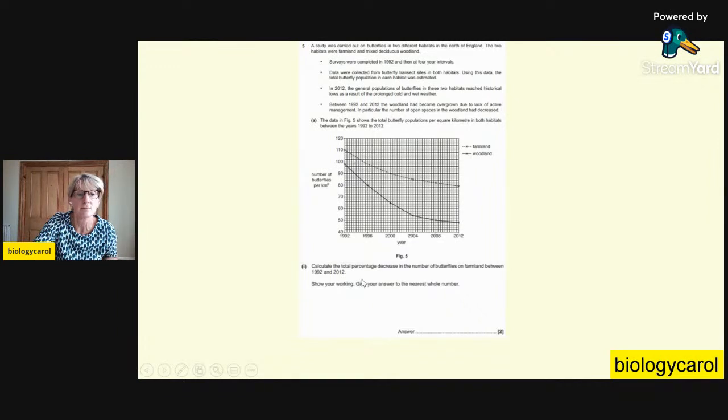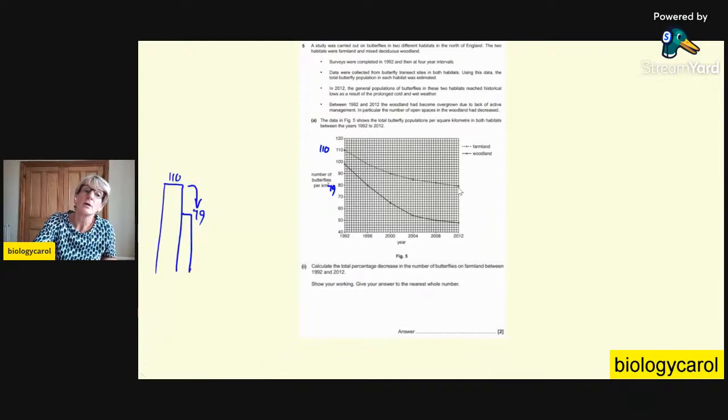Calculate the total percentage decrease in the number of butterflies on farmland between 1992 and 2012. Well, we're looking at this line up here. Starting point was 110. The ending point was 79. Now, we're doing percentage decrease. We're going from a higher number, we're stepping down to a lower number.